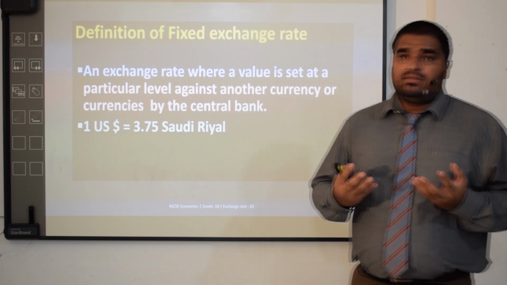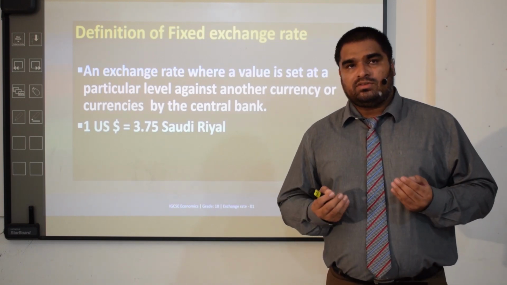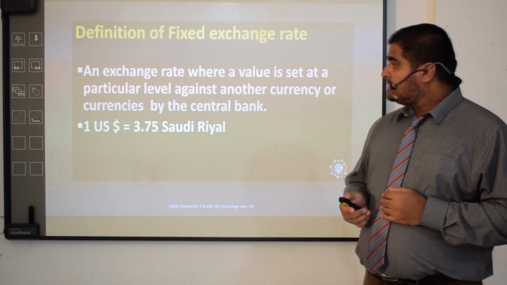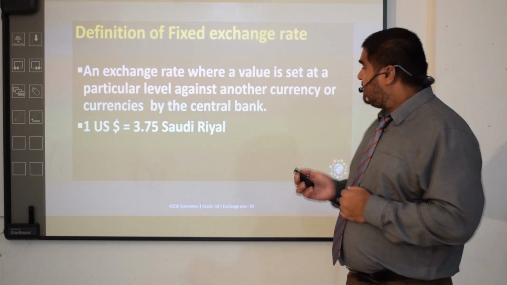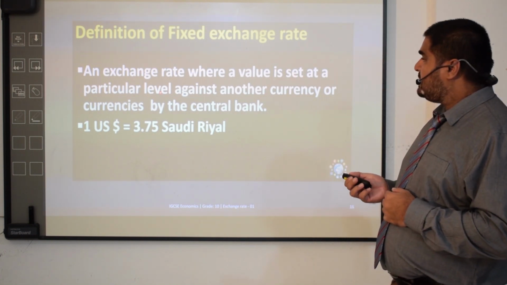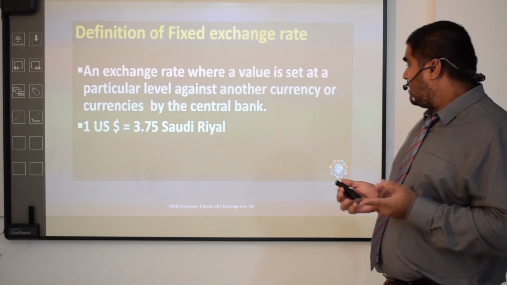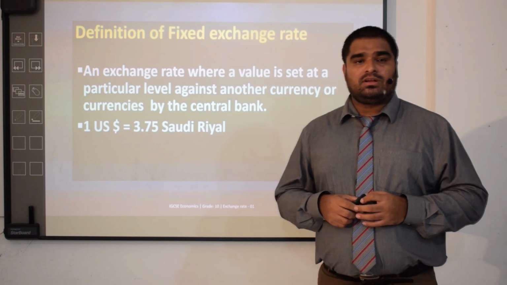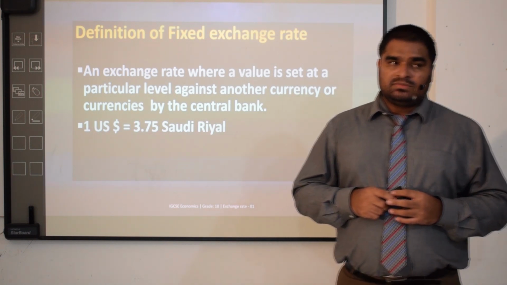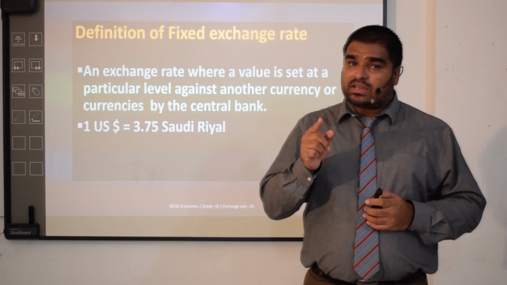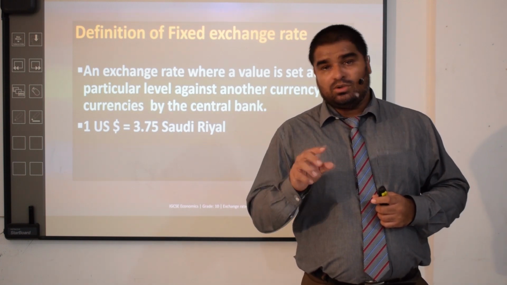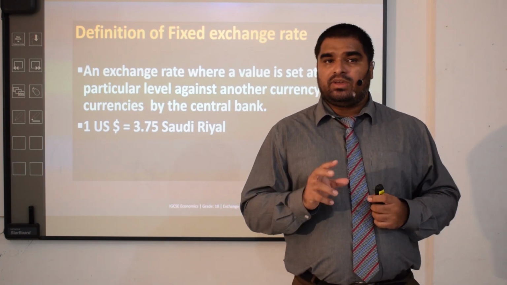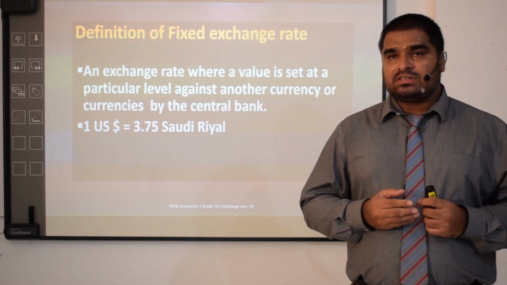Now, let's understand how to define a fixed exchange rate and a floating exchange rate. An exchange rate where a value is set at a particular level against another currency or currencies by a central bank is called a fixed exchange rate. So this is actually set by the government. On behalf of the government, the central bank will be dealing with this.